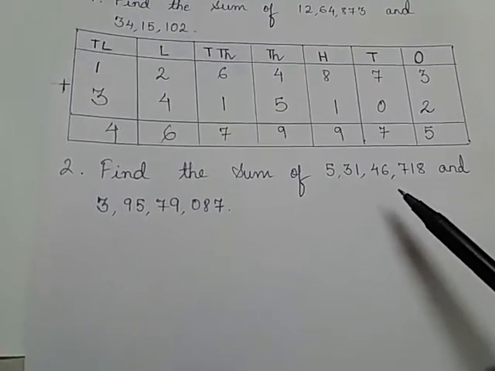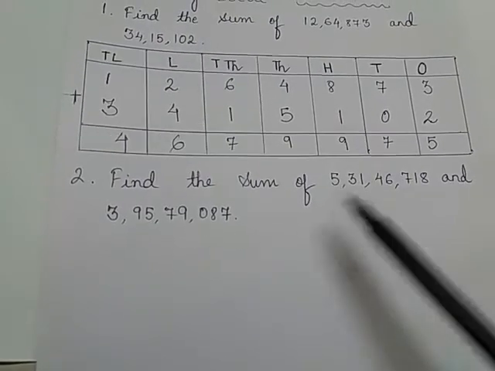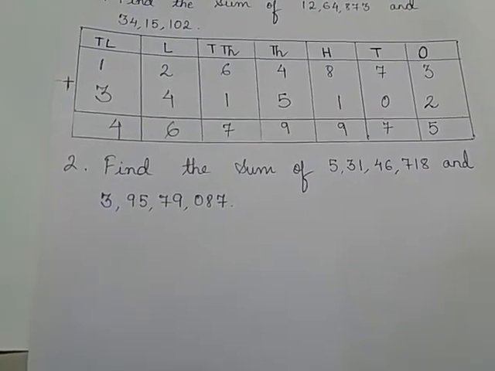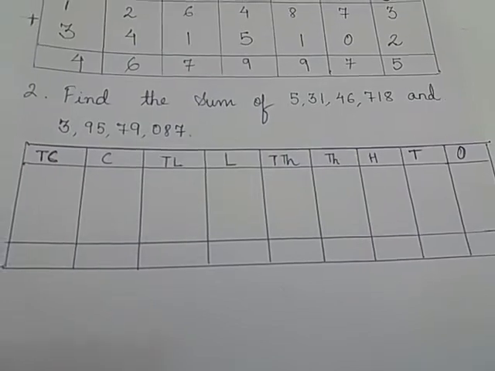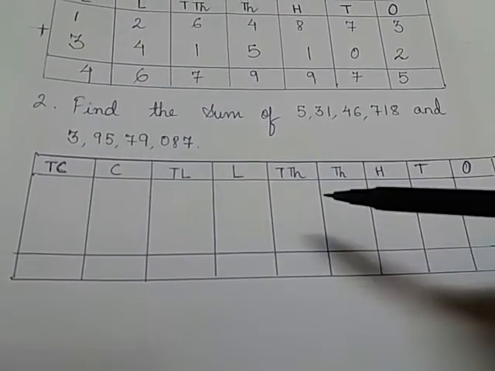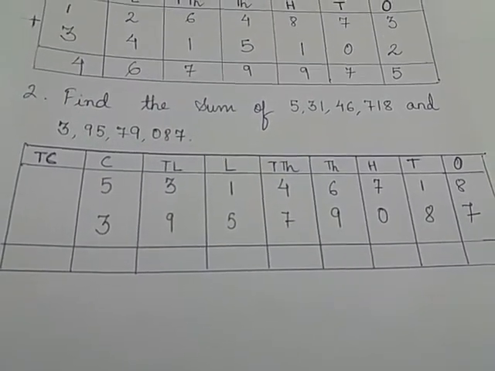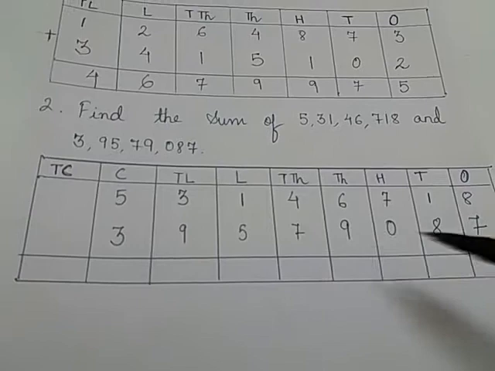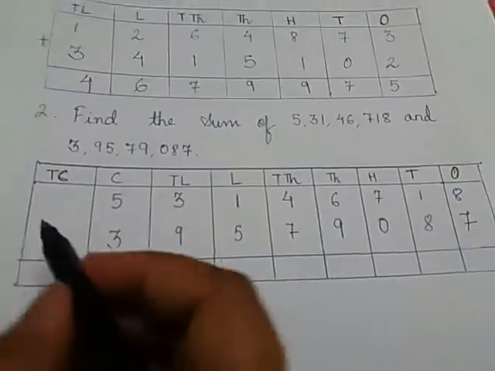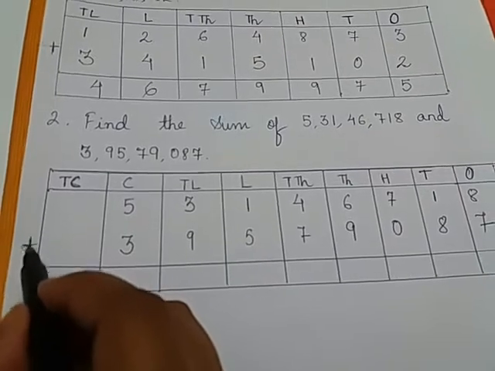Okay, so let's again draw one place value chart and let's fill up these digits in them. So here is our place value chart, and now accordingly we will fill these numbers here. So here we have filled up all the place values, and now we will put the plus sign over here and we will start calculating.